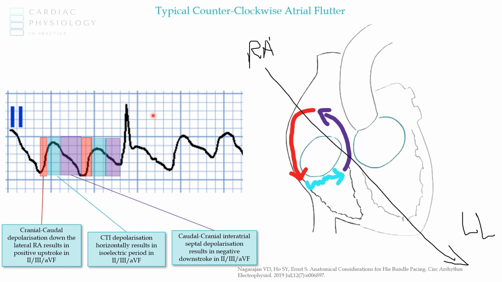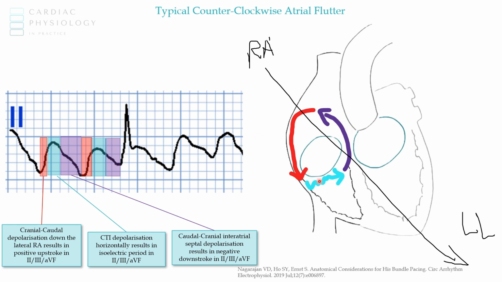So depolarization cranial to caudal down the lateral wall results in an initial fast upstroke, and then depolarization through the CTI occurs perpendicularly to the lead 2 vector. So nothing happens on the ECG, so it results in a fairly isoelectric period.